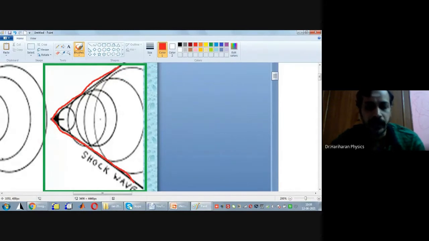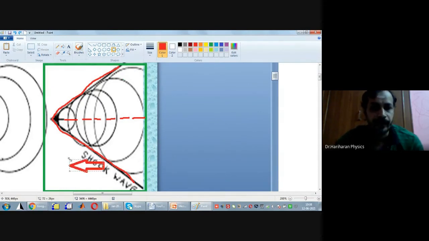Now suppose I draw a line. What does this dotted line refer to? This dotted line refers to the path traveled by an aircraft. In this example, the aircraft is moving towards the left. This dotted line refers to the axis of the cone.